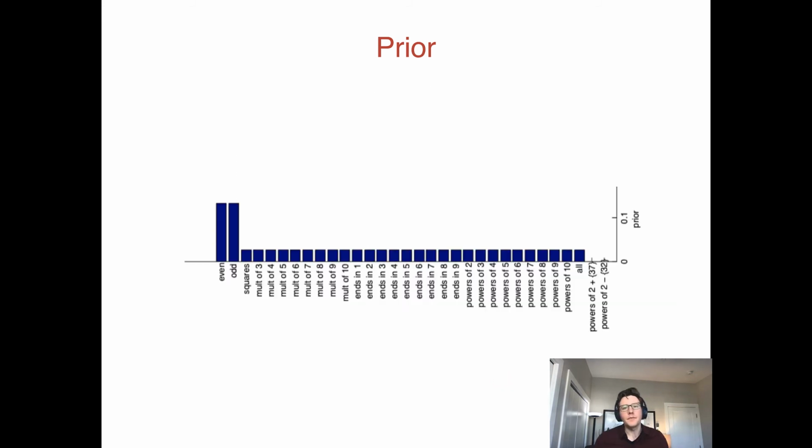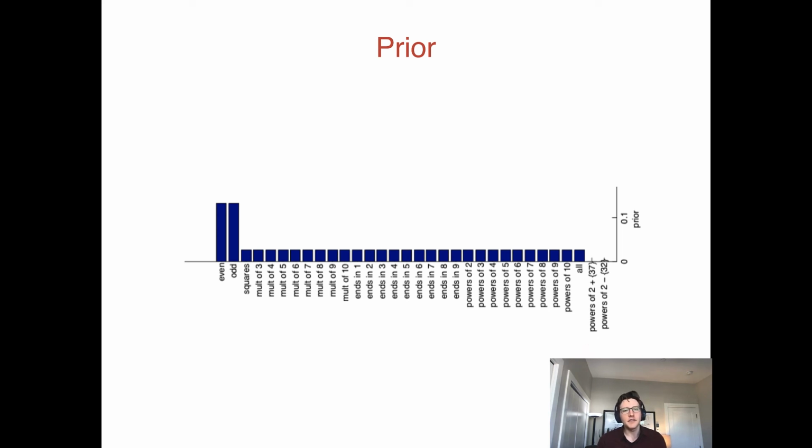And so we don't put a lot of prior probability on it. Now, if we were to come up with a realistic prior for what a human might have as their prior idea for what's a reasonable concept for this problem, it might look something like this, where we have some high prior for some concepts like even and odd that are the first concepts we think of when we think about numbers, and then probably roughly equal prior for a bunch of other reasonable rules like the powers of 2, depending on what the number ends in, if the numbers are squared, or maybe all the numbers combined, and then some much lower prior, perhaps a prior of 0, for really weird rules like the powers of 2 minus 32 or the powers of 2 plus 37.